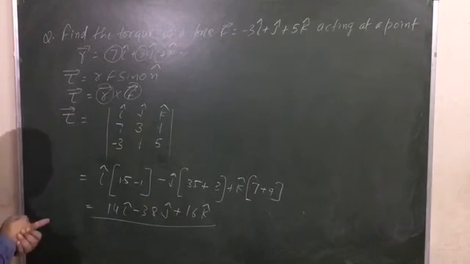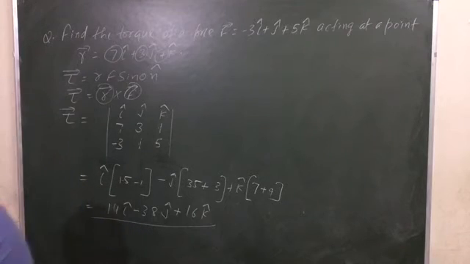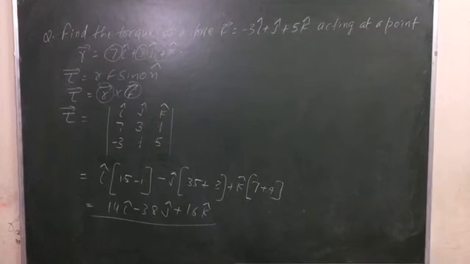Therefore, the torque acting is given by 14 i cap minus 38 j cap plus 16 k cap.